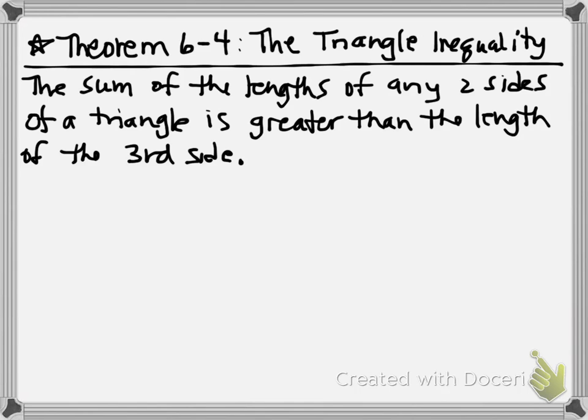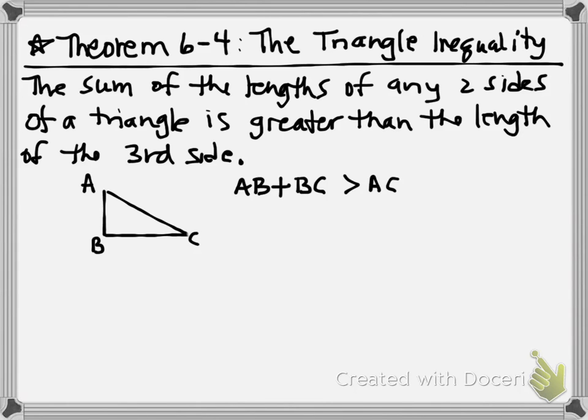So they do give a proof behind this one, but this is just basically saying this. We'll call this triangle ABC. And from this theorem, we get three statements. The length of AB plus the length of BC will be greater than the length of AC.